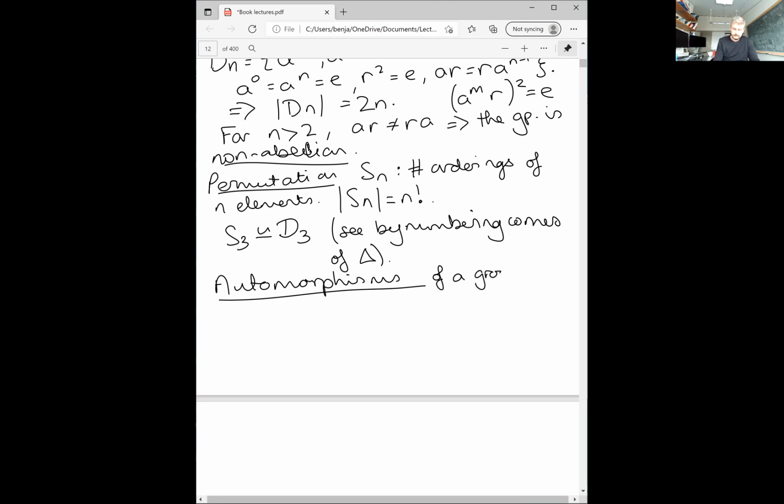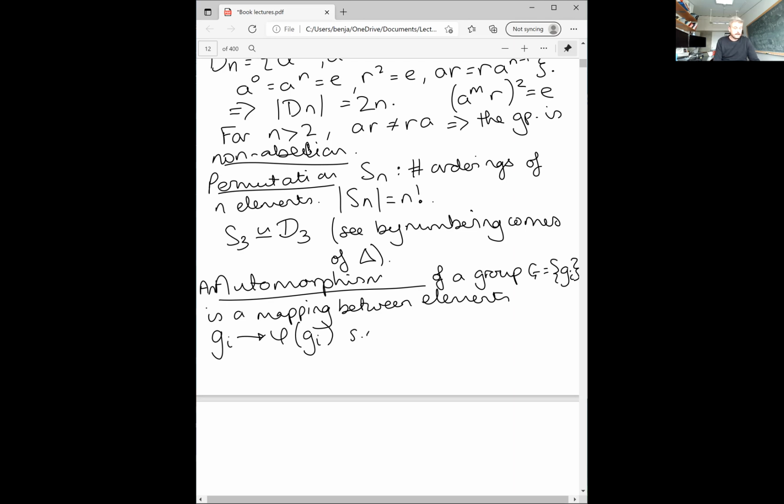So an automorphism of a group G, a set of some elements, is a mapping between elements, so each element Gi goes to some map which we call phi of Gi, such that the product rule, the group composition rule, is preserved.